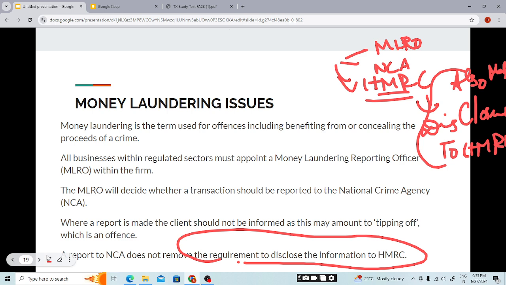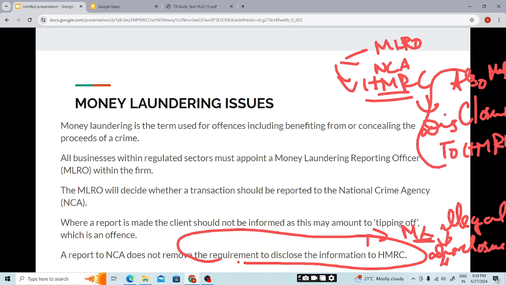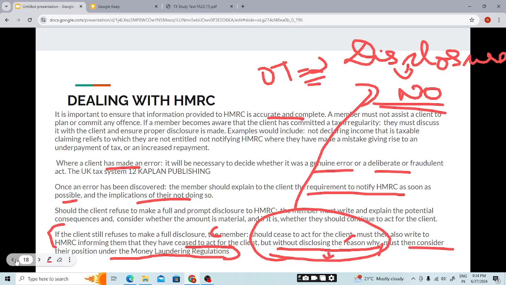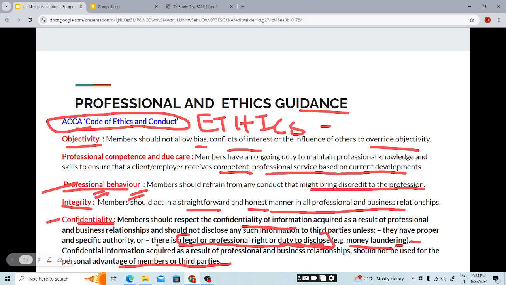You need to tell HMRC that this client is under money laundering and that you will not be acting for them. Ordinarily you must not disclose the reason, but when it comes to money laundering, as it is illegal, you must disclose the reason also, because confidentiality can be broken where there is a legal or professional right or duty to disclose.